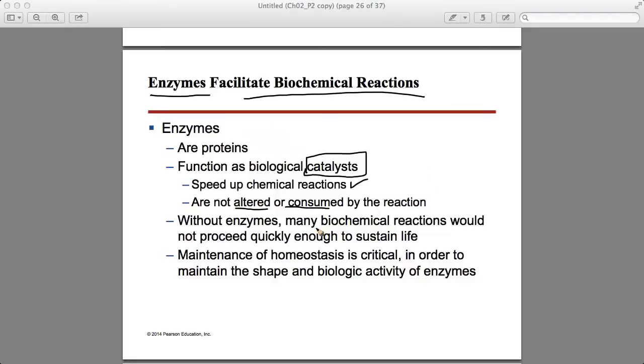Most biochemical reactions in your body and your metabolic reactions are brought about by enzymes. And if we didn't have these enzymes, these reactions would proceed way too slow, and life would not be able to happen. So a lot of these enzymes are going to be important for a lot of homeostatic mechanisms and just to support biological function. So enzymes are very important.